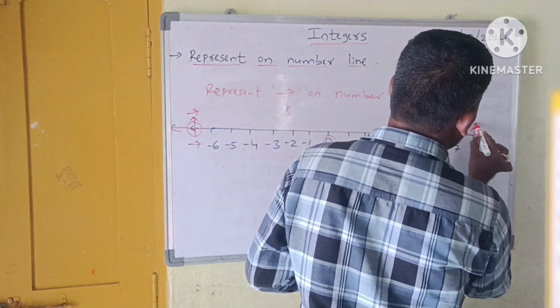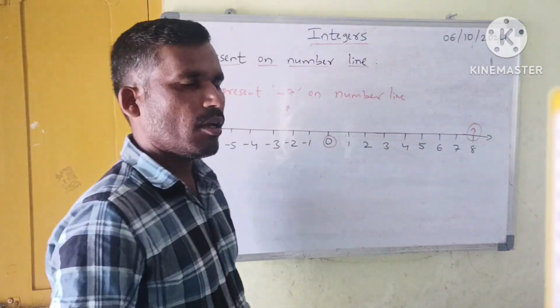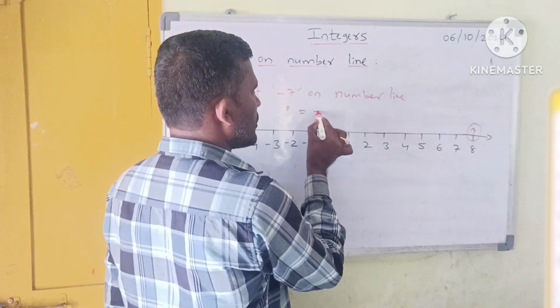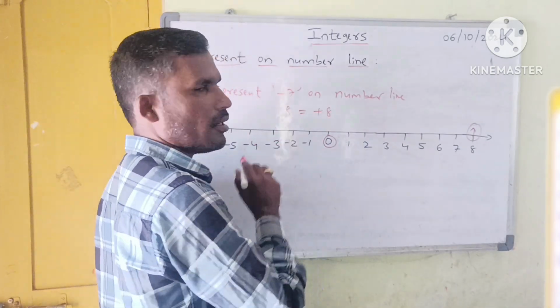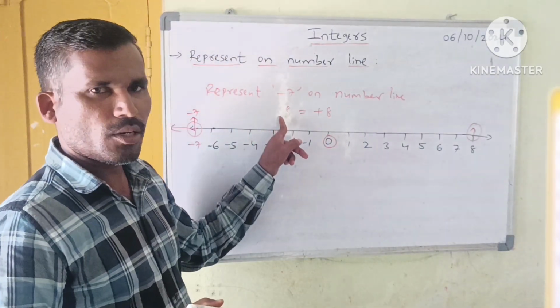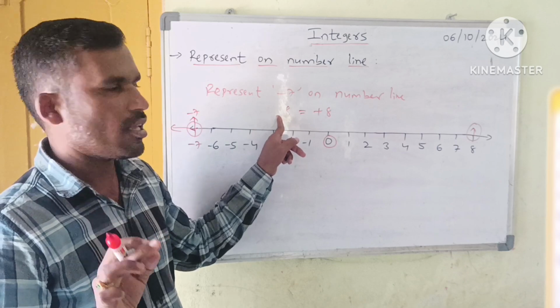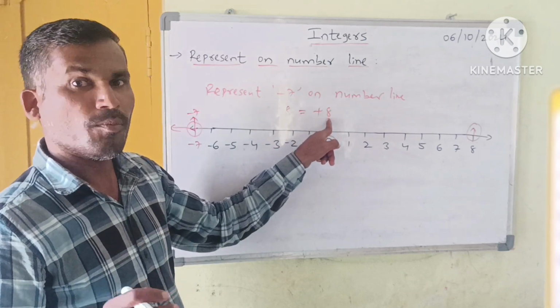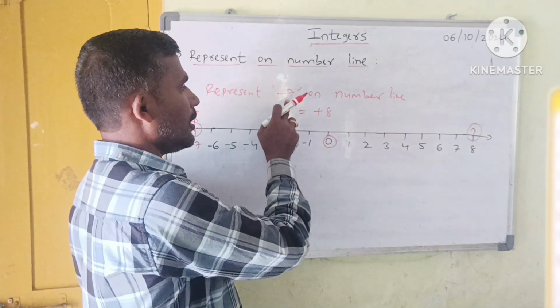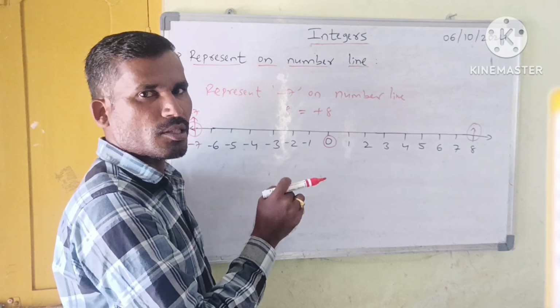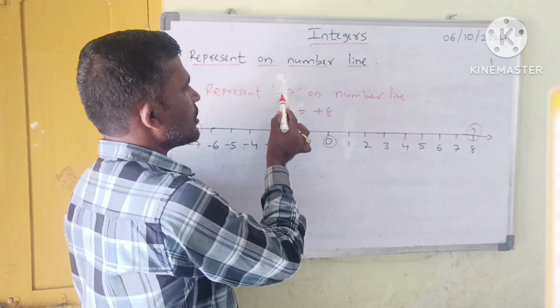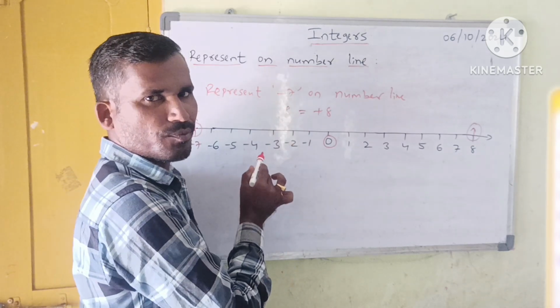So this is positive 8, and positive 8 can be written as plus 8 or 8 only. You have to treat 8 as positive 8 only. But negative integers, negative numbers, you must take the sign, that is a minus. Okay, understood?